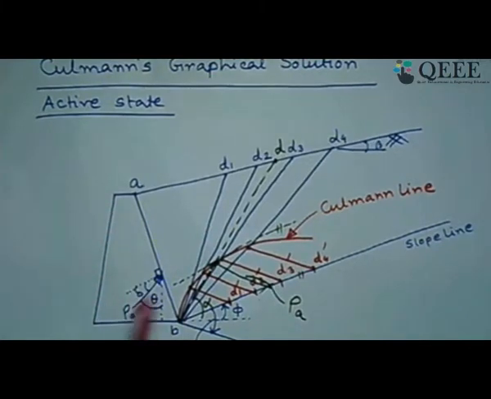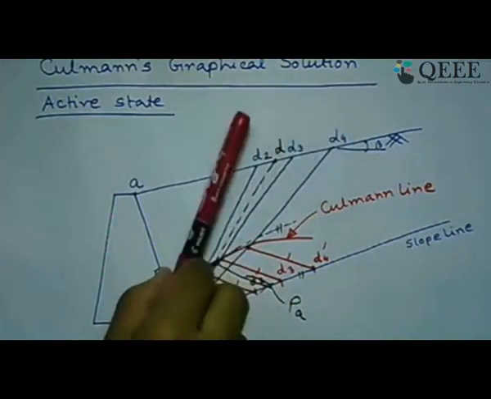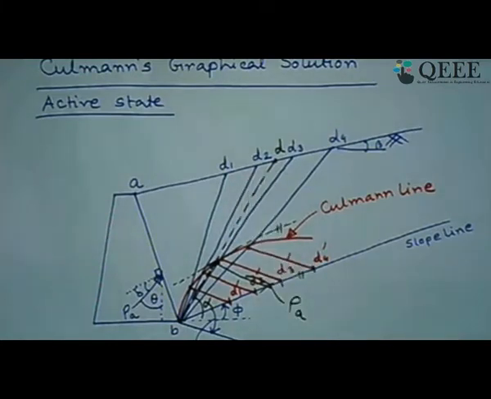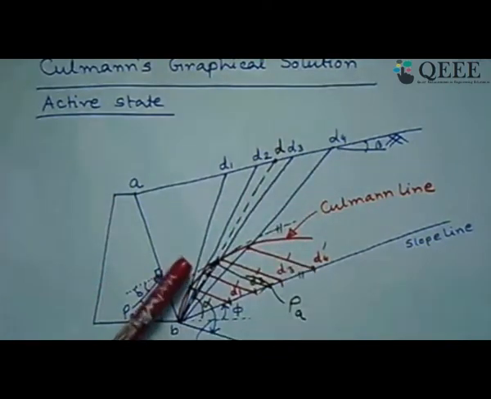So this delta, this line of action, is known, because when you know the delta value or wall friction angle between the two materials, you can draw the normal to the wall, draw this angle, and you will know your line of action of PA. Similarly, from the soil side, the soil reaction is also known once you take any one of these failure planes. With respect to the normal, at an angle of phi, that soil reaction will work. So that way the line of action of failure is known, for the various assumed failure planes for soil reaction, and for the PA side it remains the same, of course.